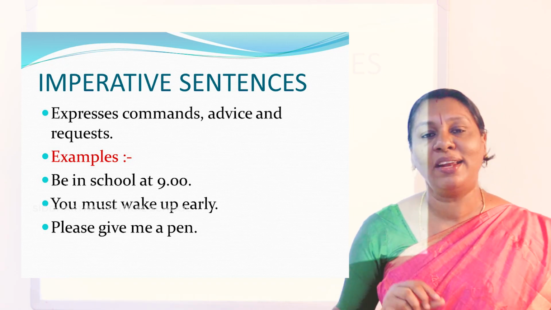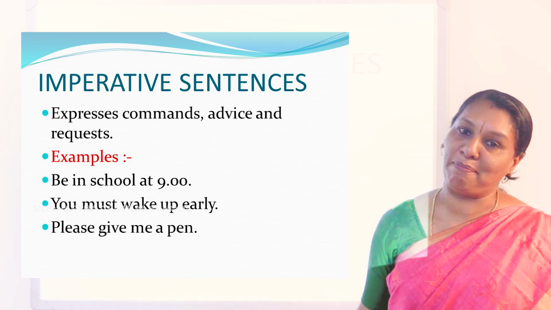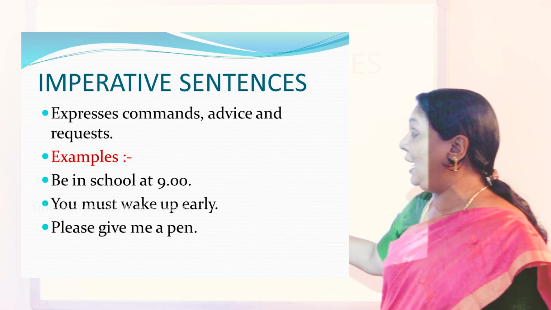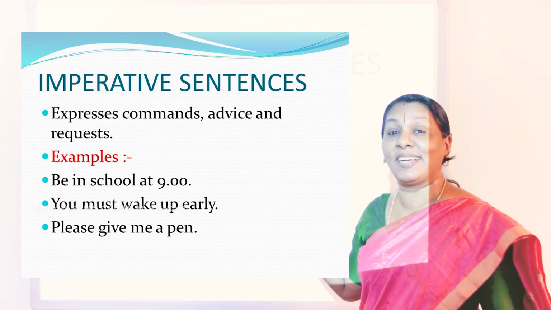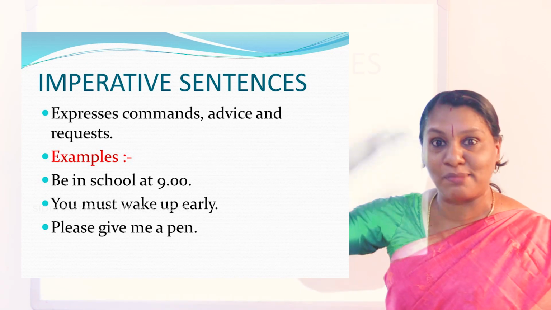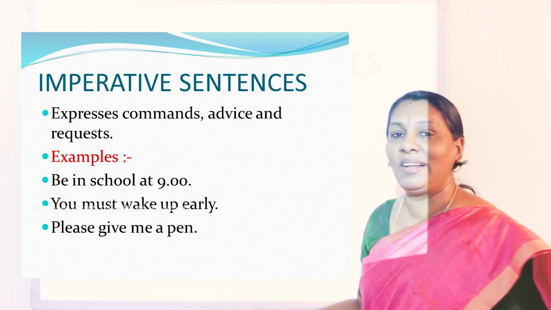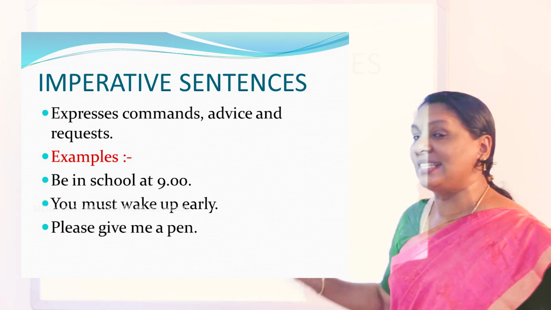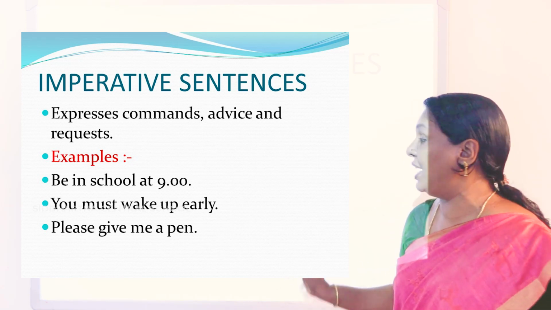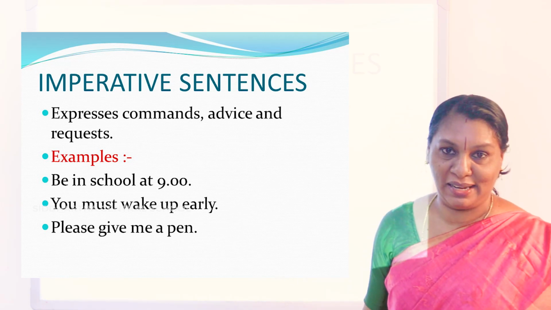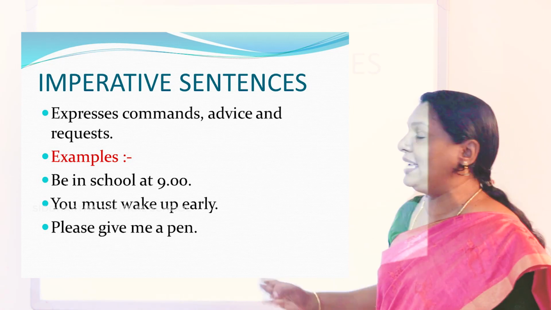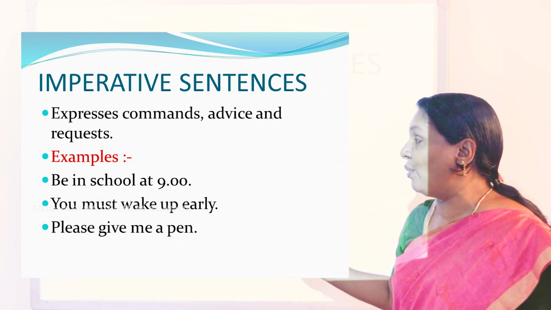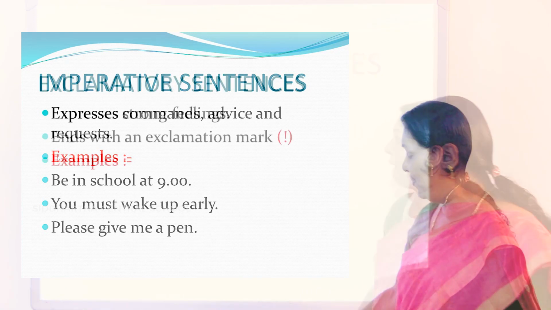You got your pen and you wrote the notes and you are very happy. Now, be in school at 9 is the command given to you by your principal, and you must wake up early is the advice given to you by your teacher, and the request which you made to your friend was, please give me a pen. So, these are the examples of command, advice and request.